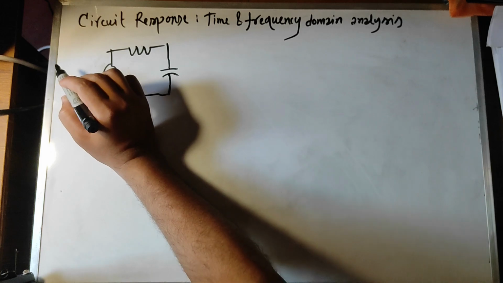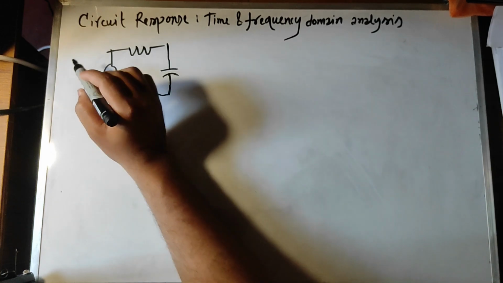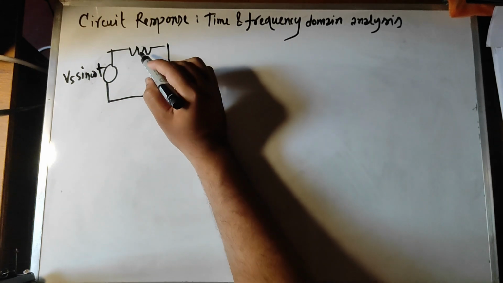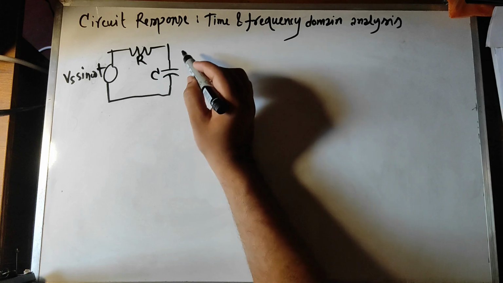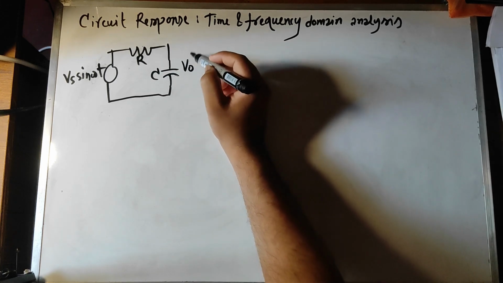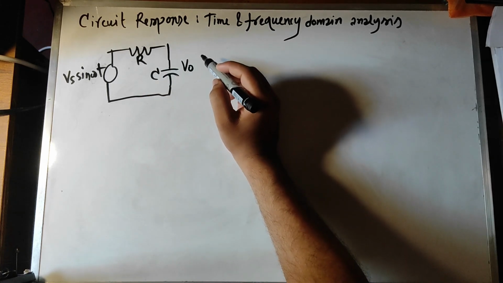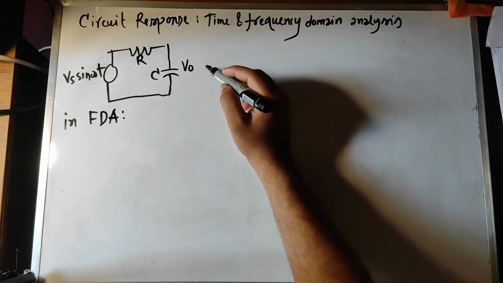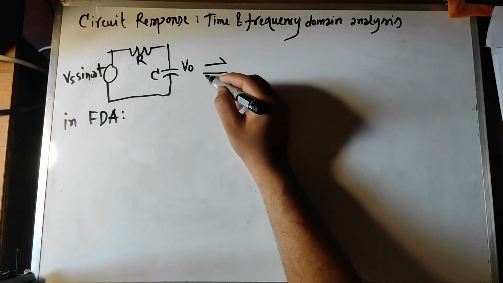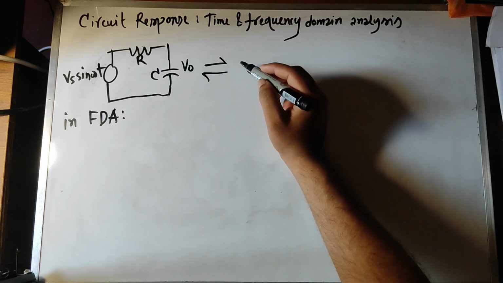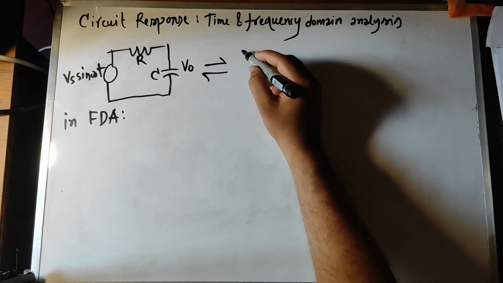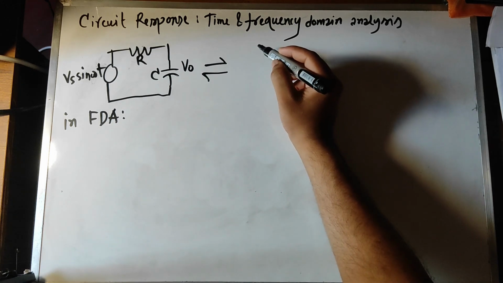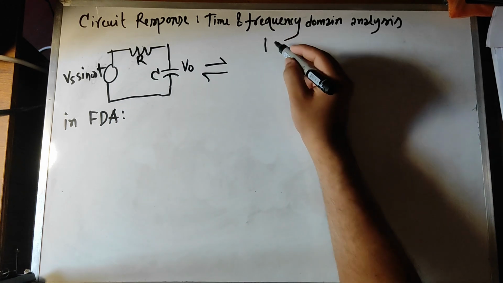So here the input is Vs sin omega t, this is R and this is C, and we have an initial voltage. In frequency domain analysis, we are going to apply the Laplace transform. If we apply the Laplace transform, this LTI system will be transformed into this.